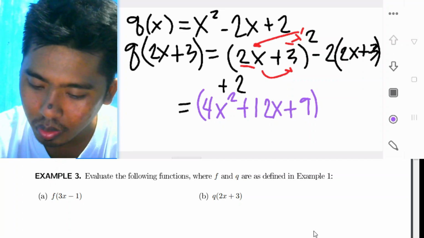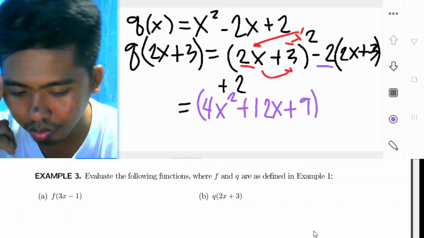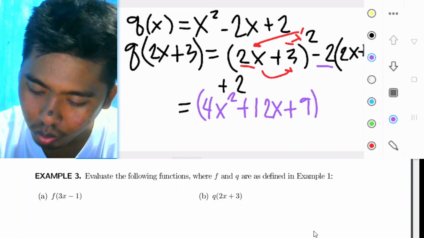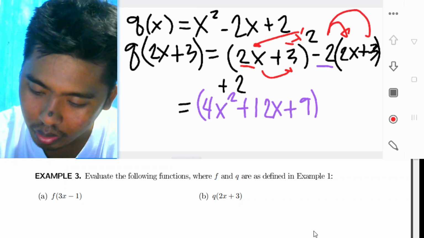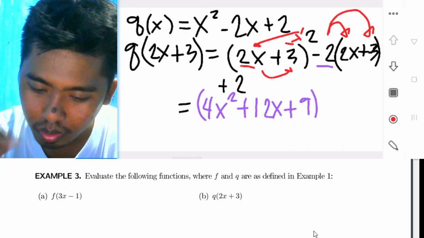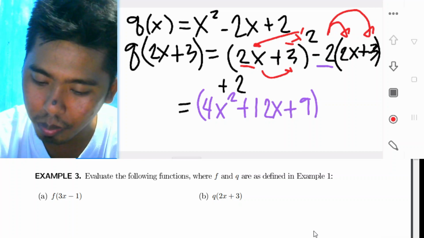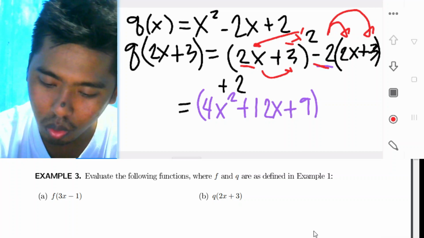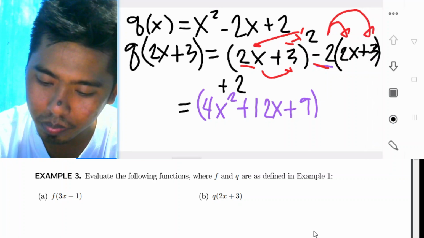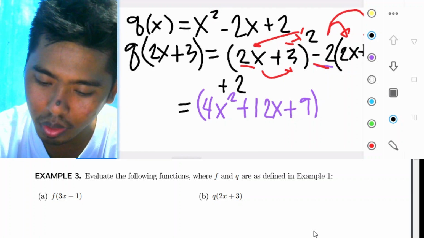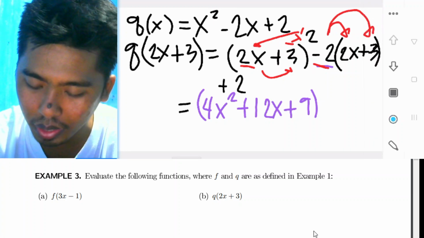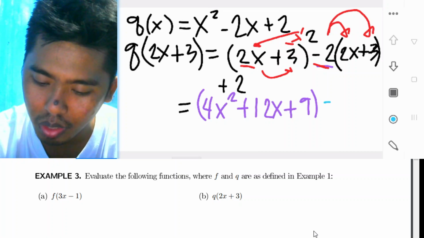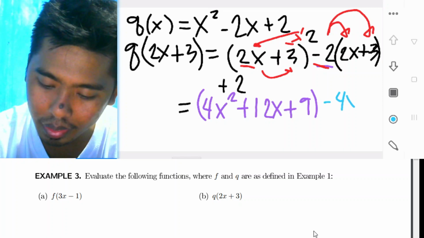Then here, negative 2. What we're going to do, guys, is to distribute that, then that. Take note of the sign since it is negative. So this would become negative 2 times 2x, that would be negative 4x.